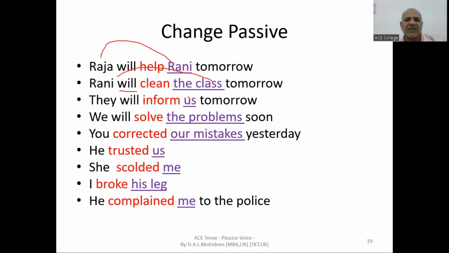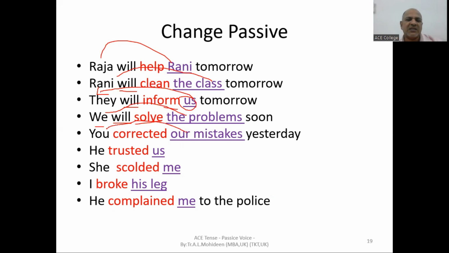Can you tell me this one? You have to bring at the beginning we. Us is changed into we. So you change to we, then will be informed by them tomorrow. Then problems: you bring the problems at the beginning. The problems will be solved by us soon.